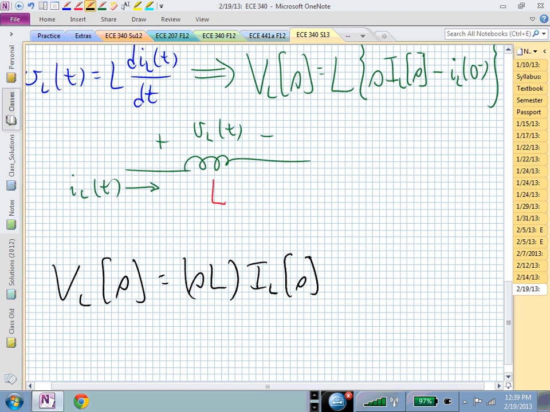The impedance is now Z times I of the inductor, and Z is now SL.